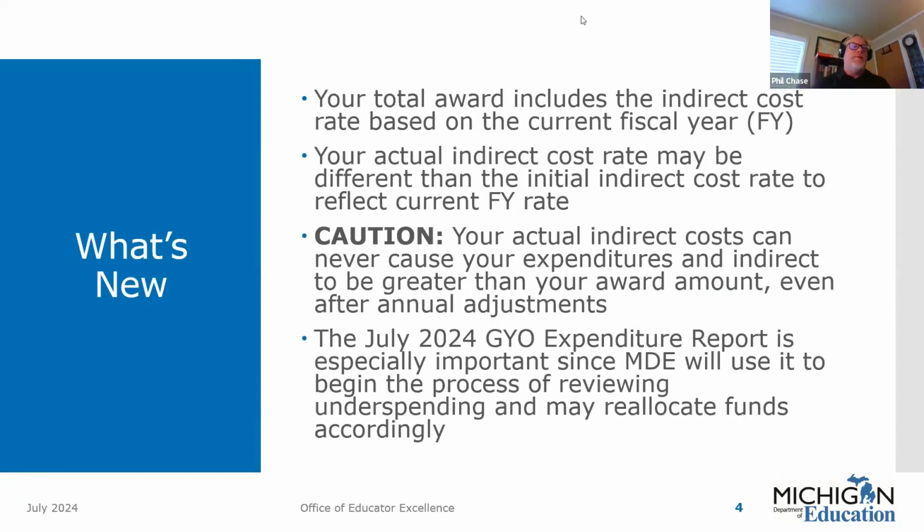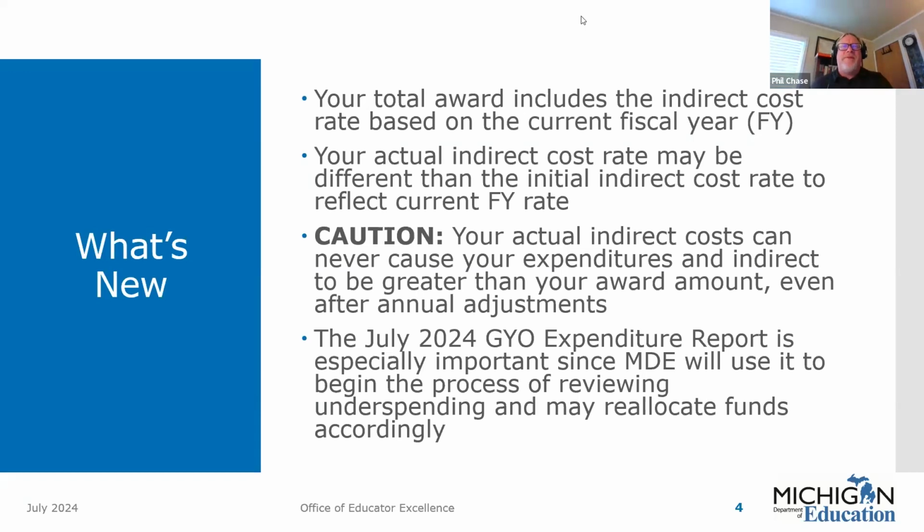So what's new from the last time we asked you to do a grant expenditure report, back in February of 2024? First of all, your total award is going to include the indirect cost rate based on the current fiscal year.